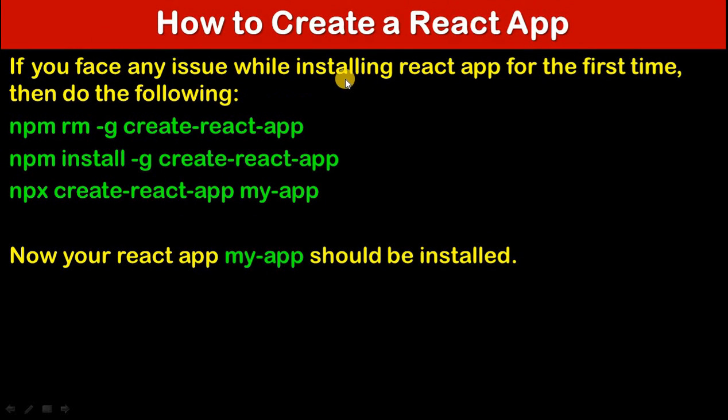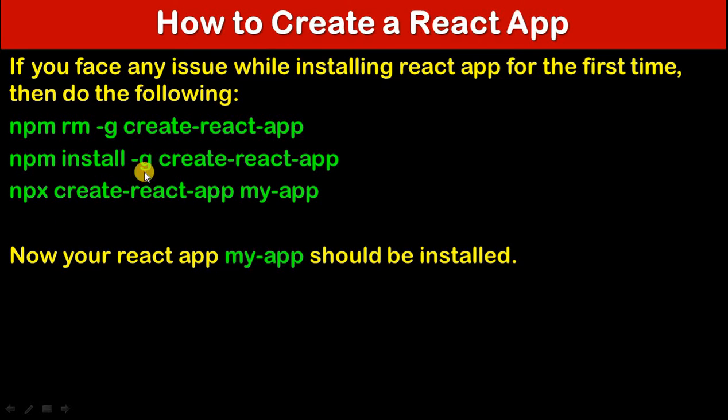If you face any issue while installing the React app for the first time, then do the following. You need to remove create-react-app, and after removing it you need to install it again, and then install your my-app project again.